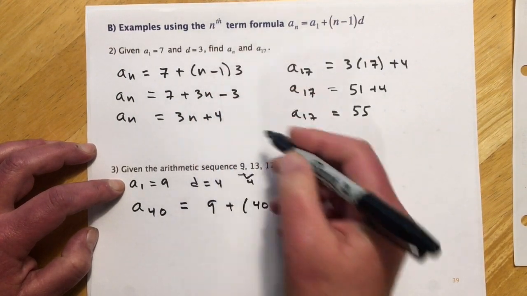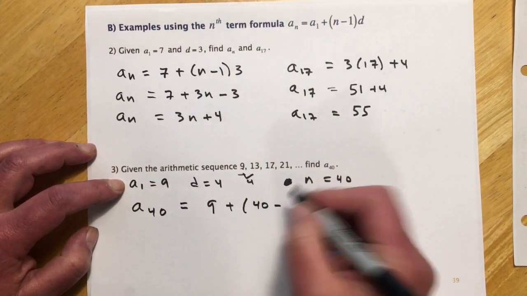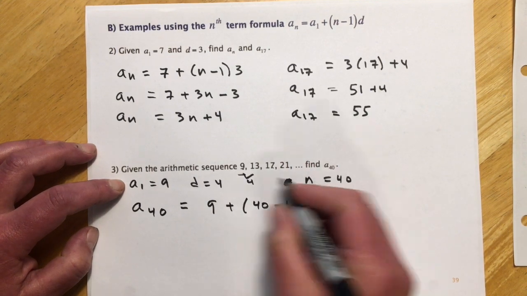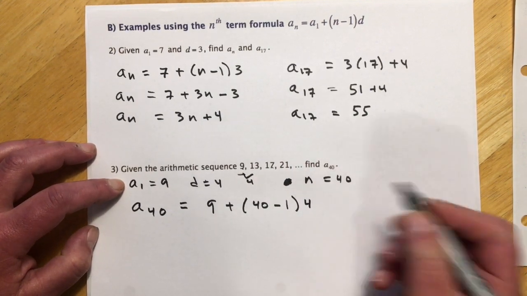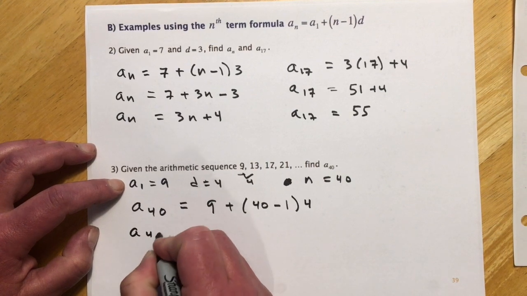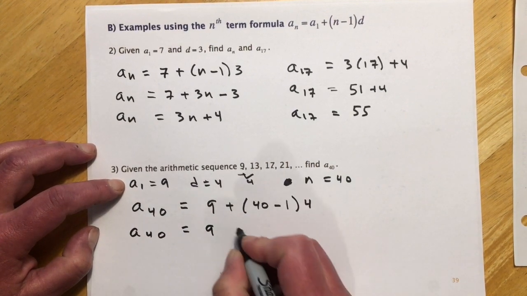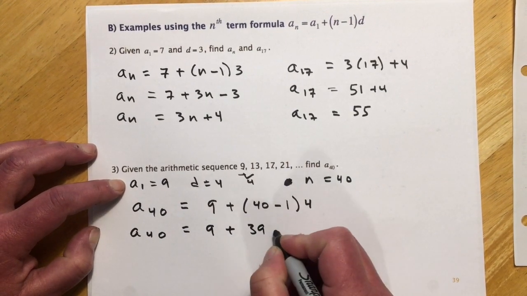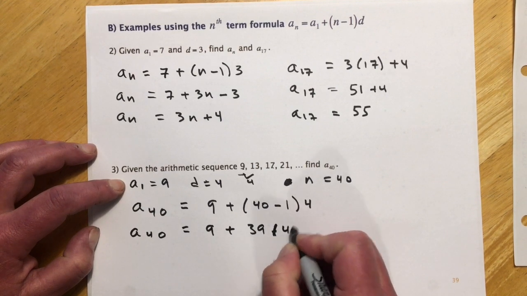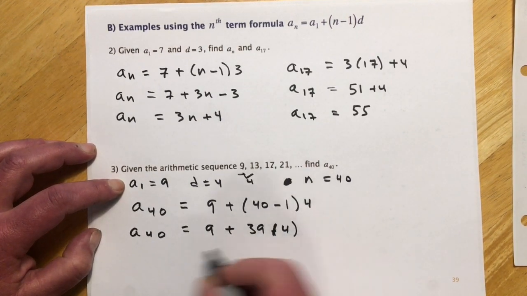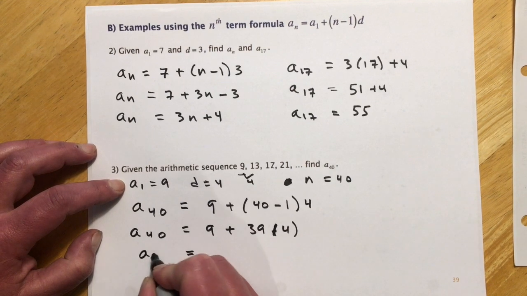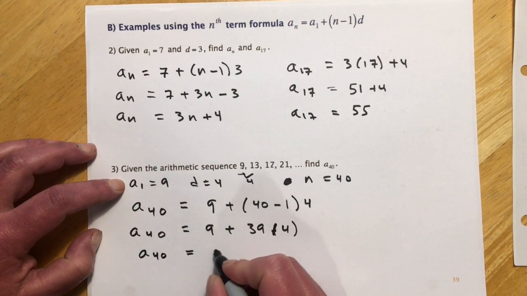It didn't ask us to find the general form. We could, and then just plug in n, or you could do it all at once. And d in this case is 4. So a sub 40 is 9 plus 39 times 4. And if you plug that in, we get the 40th term is 165.